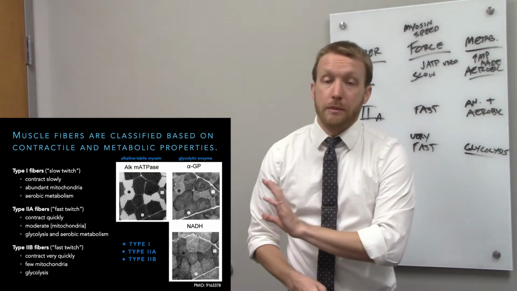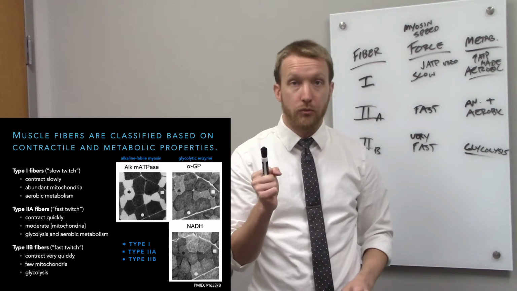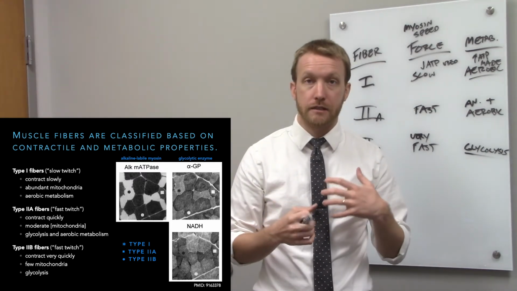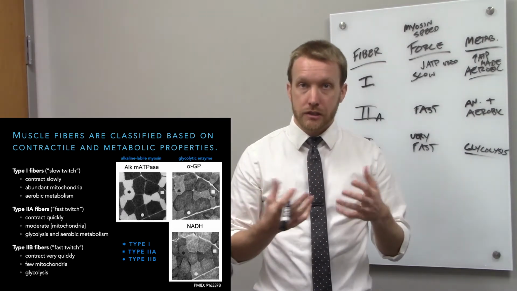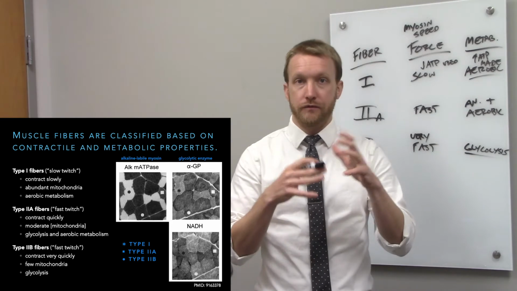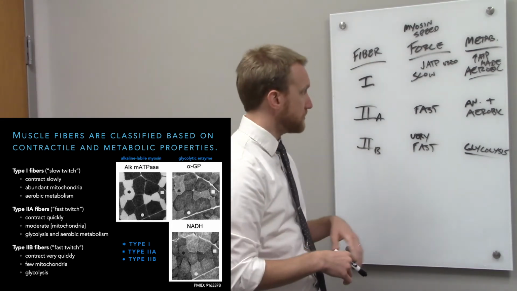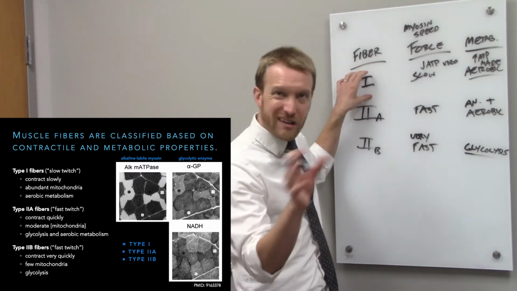And we can see those three types of fibers over here in this illustration. So the star showing you type 1. So the alkaline labile myosin, this is the faster version of myosin. You don't really see a lot of staining in the type 1 fiber, shown on the left there.